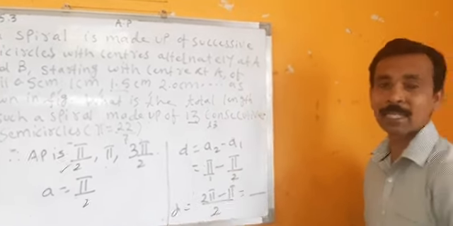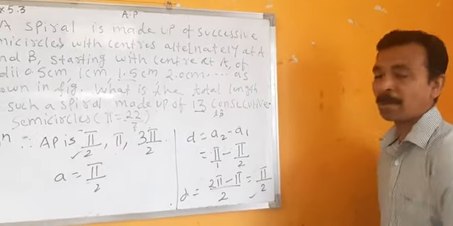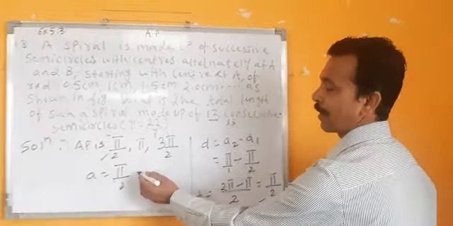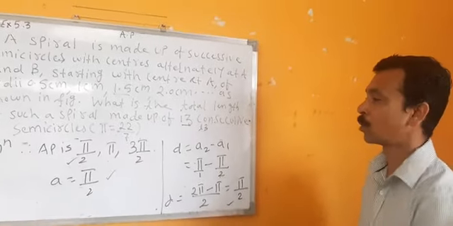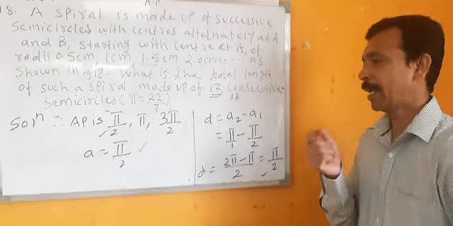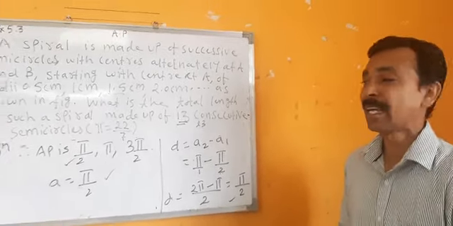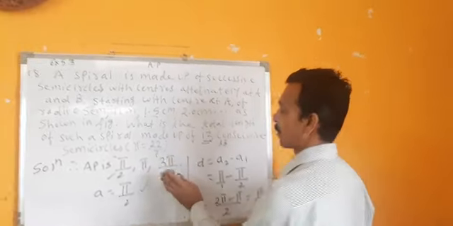What is 2 pi minus pi? Pi upon 2. So what is the difference? Pi upon 2. What is the value of A? Pi upon 2. What is the value of N? 13. Now we have A, we have D, we have N. We can find Sn, right?